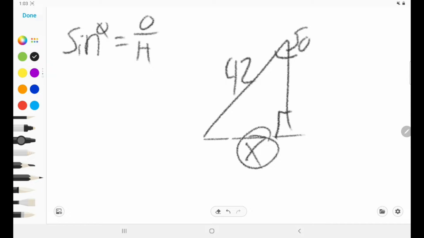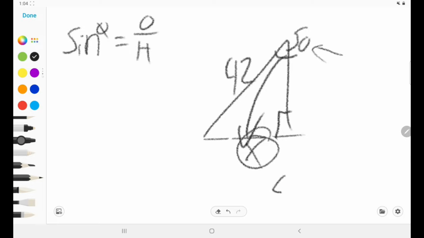Before we get into this, we have to know a few things. First of all, we gotta know what this thing is right here, the little zero-like thing with a line. Now that very simply means angle, which will be the 50. We'll just simply insert it in this formula when we get to it. O means opposite, and opposite is the opposite of our angle measurement.